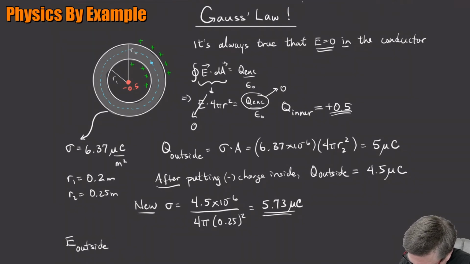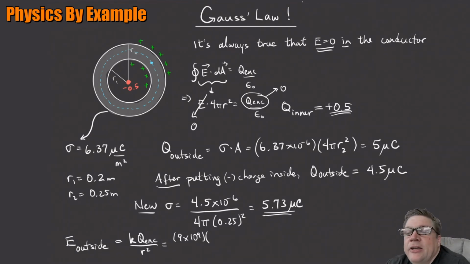The electric field outside is just going to be, let's see, Gauss's law tells us that if we're outside the sphere, it's as if all the enclosed charge were at the very center, and then it's like a point charge. So it's just going to be K times Q enclosed over R squared. So that's going to be 9 times 10 to the 9th, Q enclosed. Now it's the accounting trick.